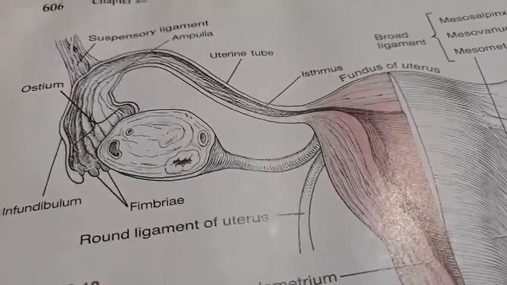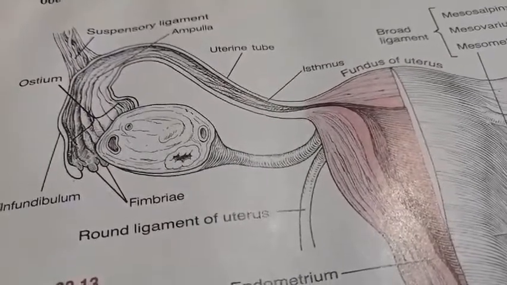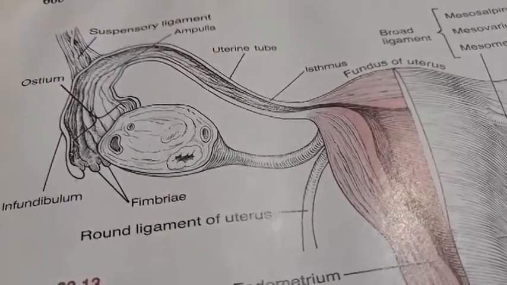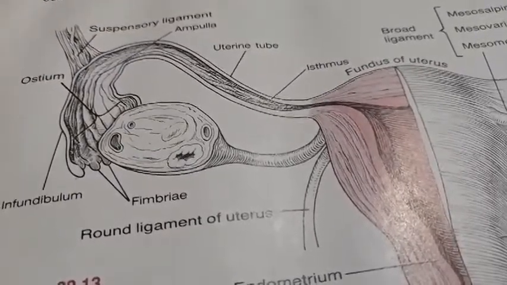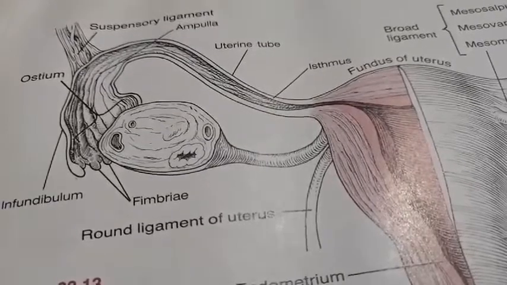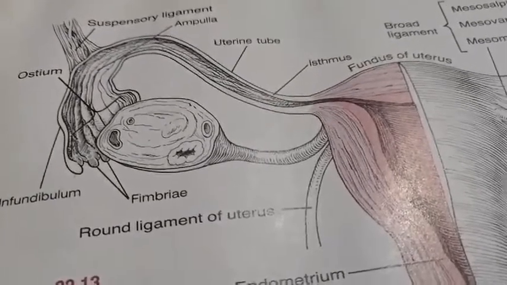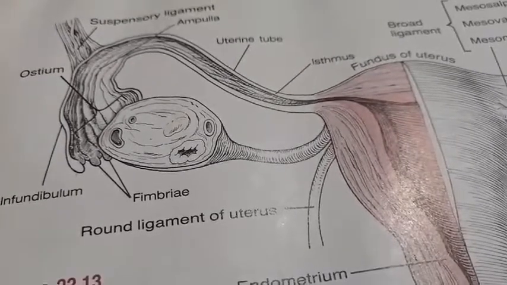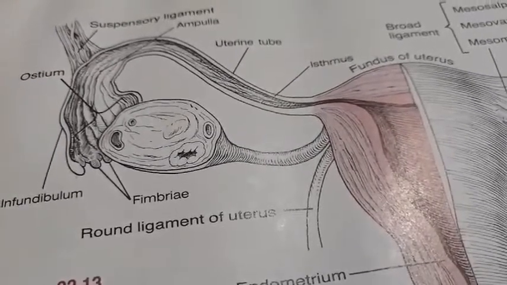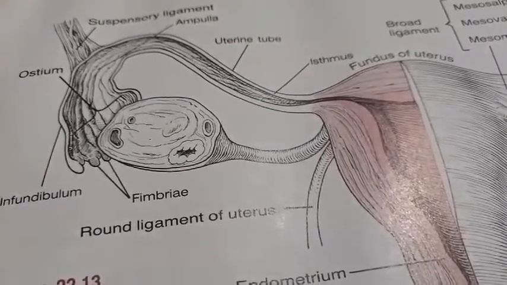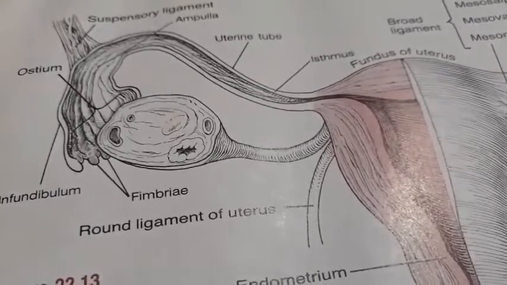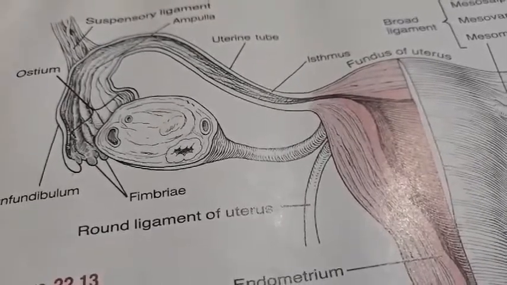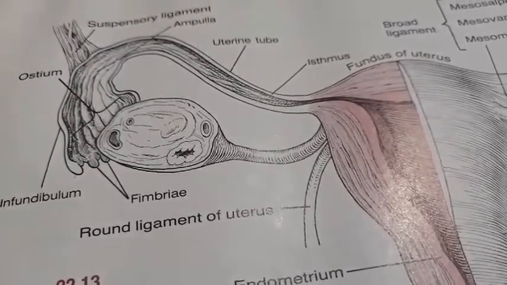This infundibulum is opening where? Into your abdominopelvic cavity, very close to the ovary, and its opening is called the ostium, and it is surrounded by finger like projections called fimbriae. Can you see them? They basically have ciliated cells on them. By the movement of these fimbriae, they create a current by which the ovum released in ovulation comes into it.